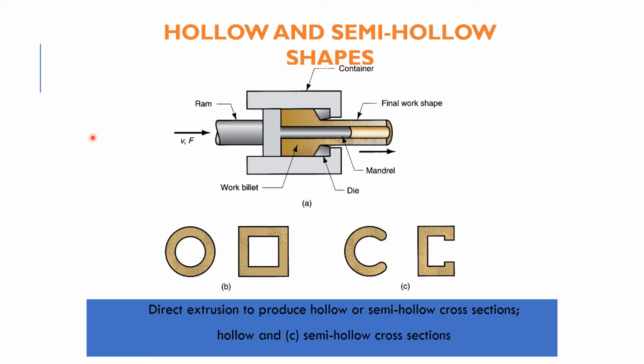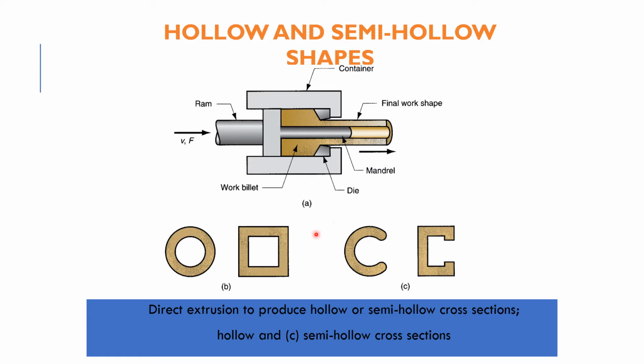For direct extrusion, what we showed to you previously is the solid work part. Apart from the solid one, we can also create a hollow part like this one. In order to get the hollow part, they are going to have a mandrel in between the ram here, so that the hollow part can be produced.